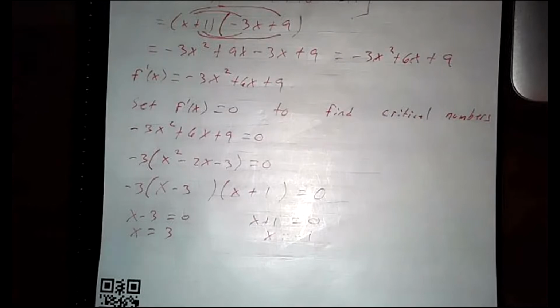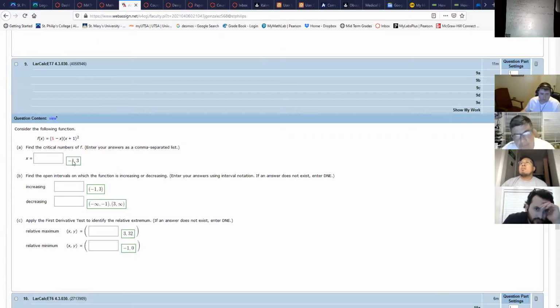Let's see, that's what they got. Looks like it. So all that work was to get these guys. Okay. So now we have to figure out where are we decreasing?